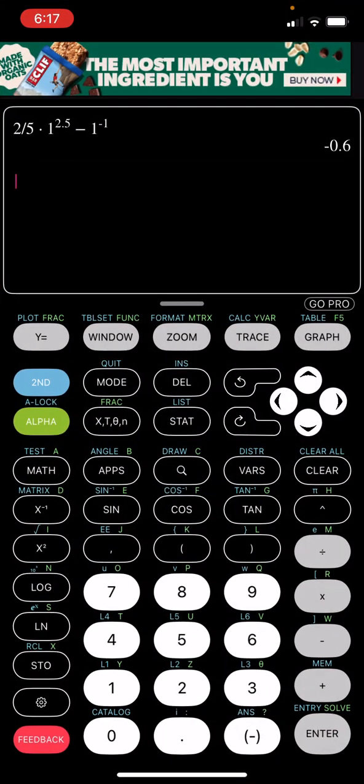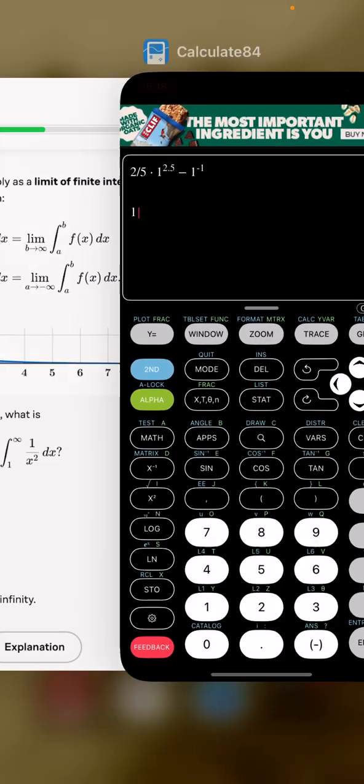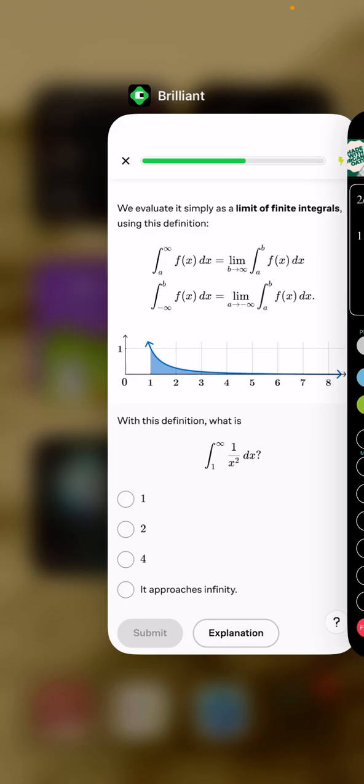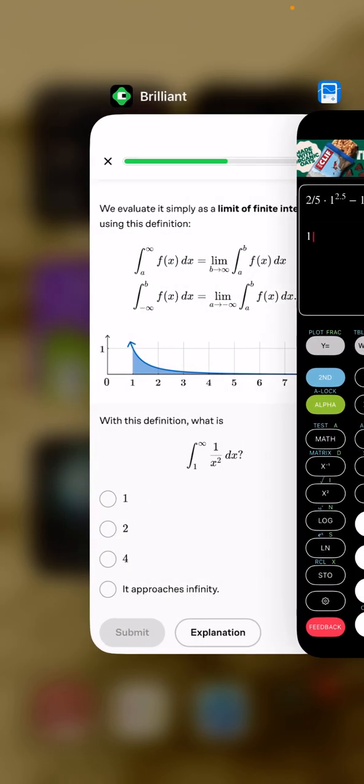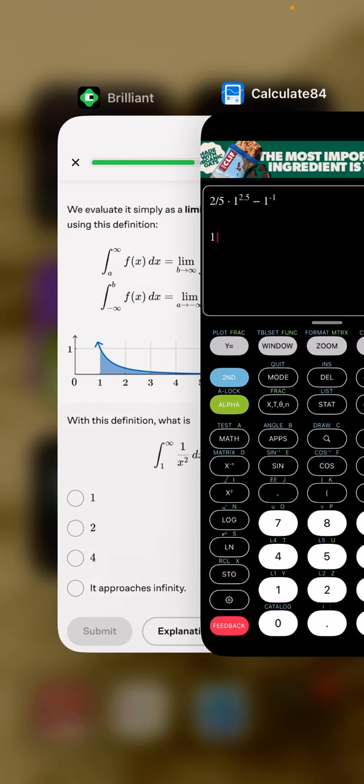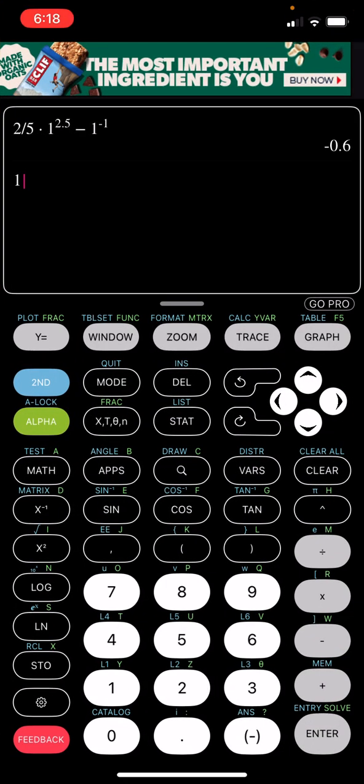So let's just say when x equals 1. So we're doing 1 over 1 to the third power.